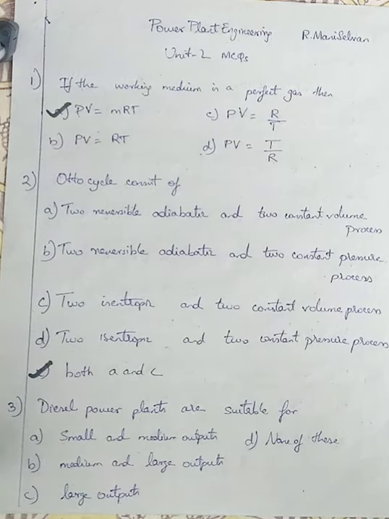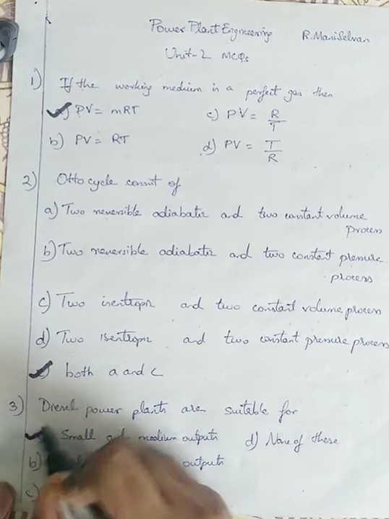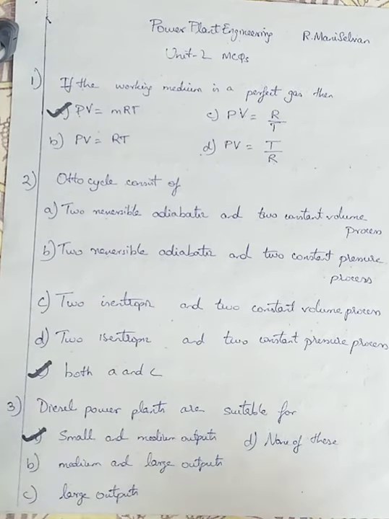So I'm going with option A, small and medium outputs. That is, for household and stage performances we use diesel power plants. For large production we will not be using diesel power plants, so options B, C and D are wrong.